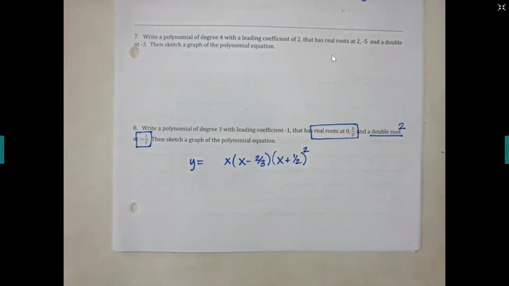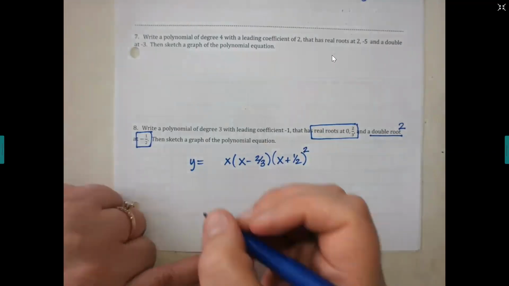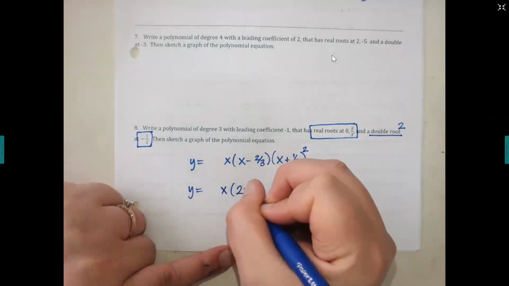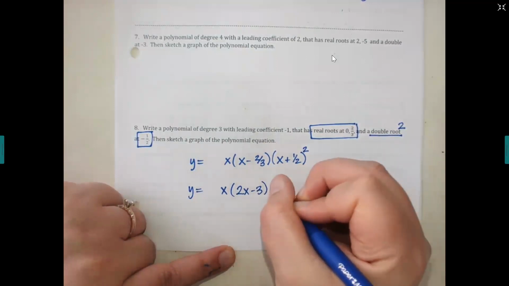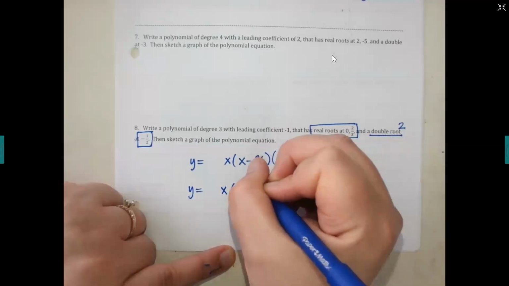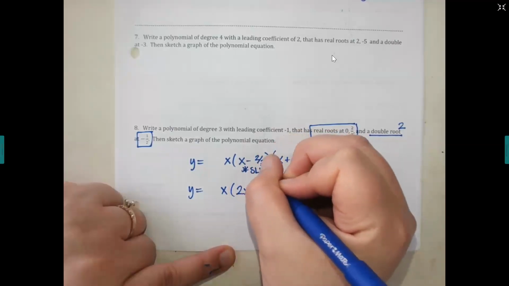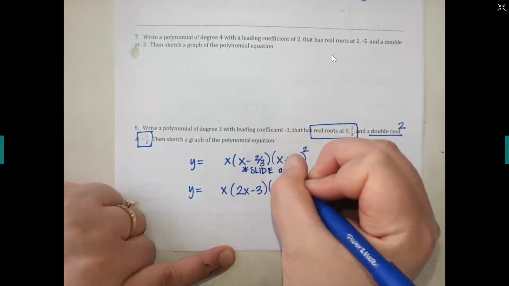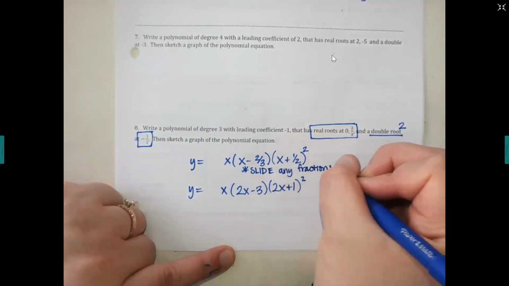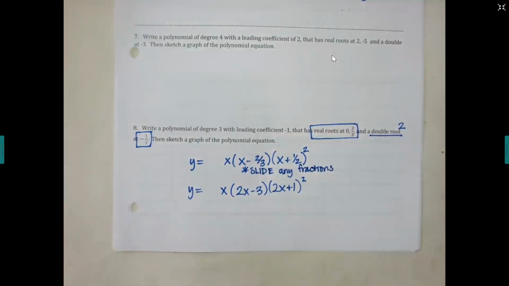So if it won't divide, what do I do with the bottom number? Do you remember? Slide it. Very good. So it's gonna be y equals this is a 2x minus 3 and a 2x plus 1 squared. Okay, so don't forget to slide any fractions. If it could divide, you would do it, but if it won't, then it's fine.